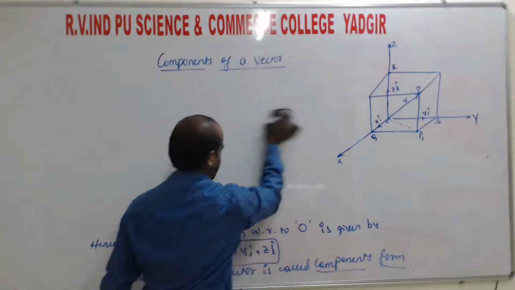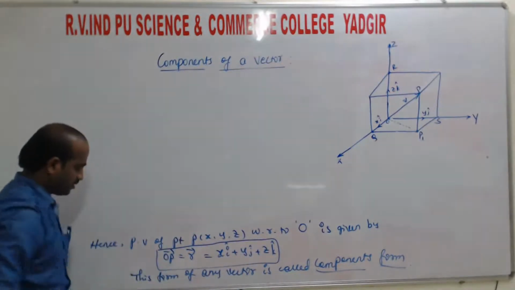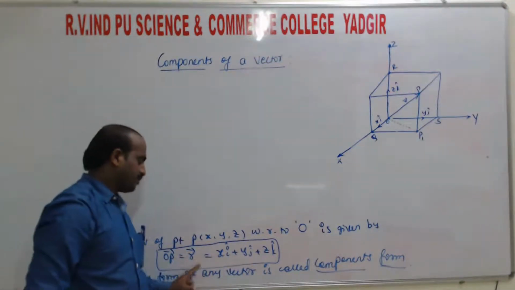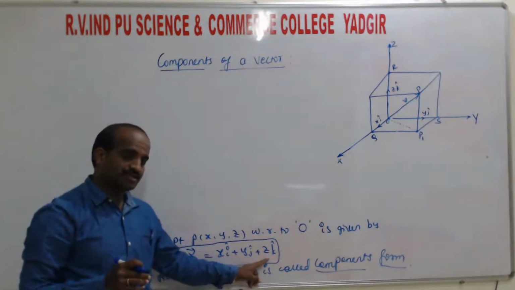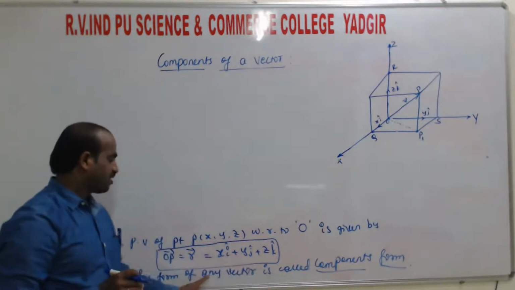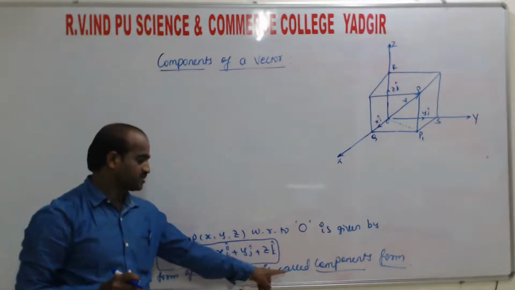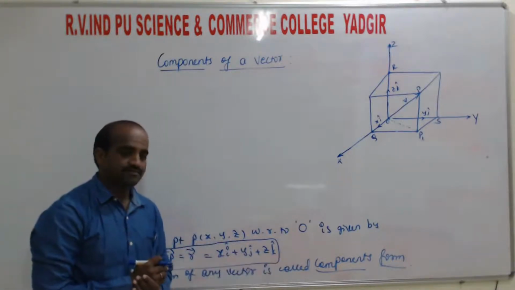The r vector, or OP vector, is equal to our components form xi plus yj plus zk. This form of any vector is called its components form.